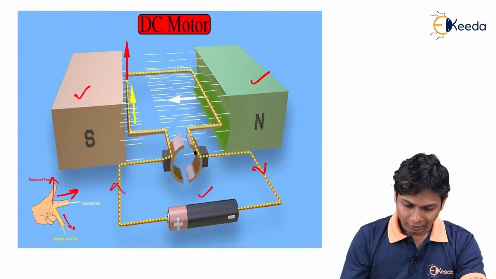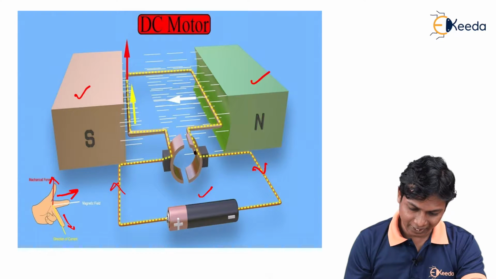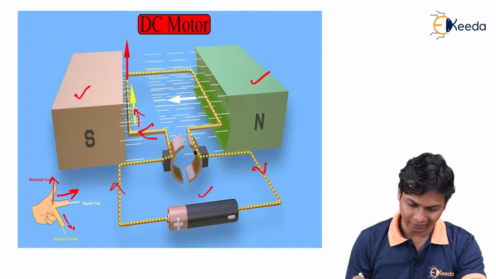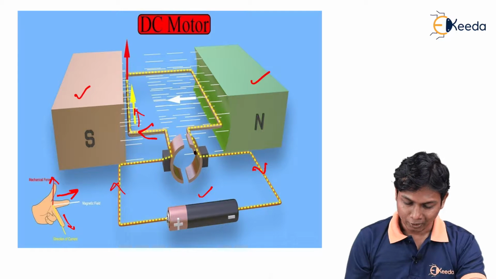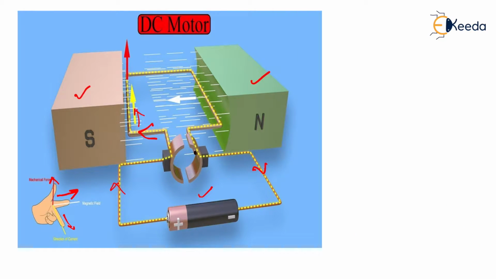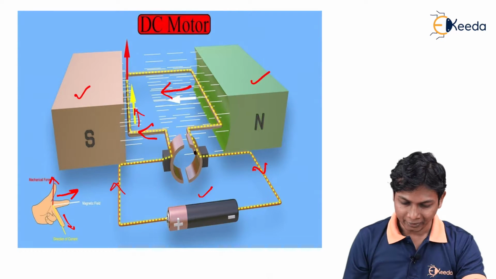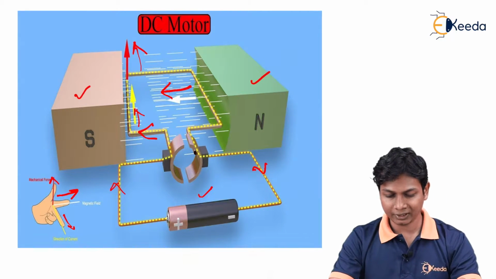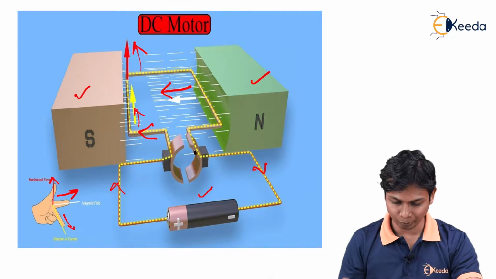So here the middle finger indicates the direction of current, that is in this way. In the same way, the magnetic field is indicated here, and the force is shown in the upward direction. This is a simple working of a DC motor.